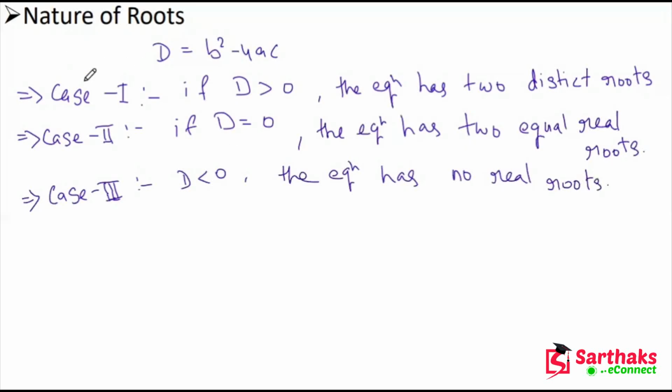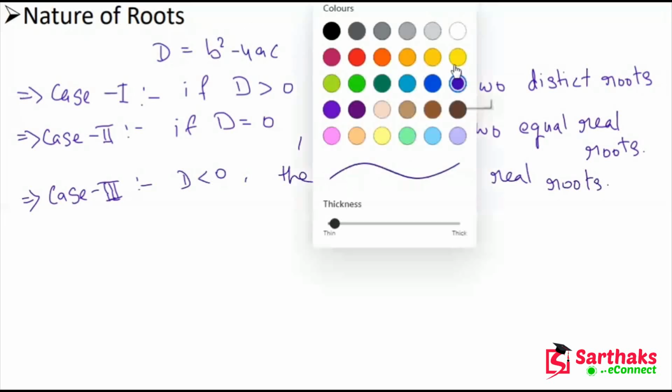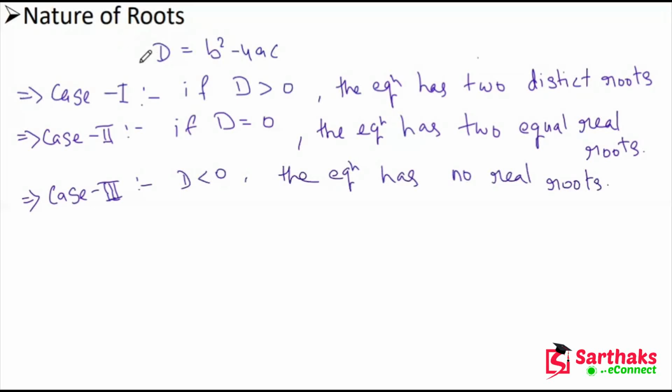So what are these three conditions? We have the discriminant d, which is equal to b square minus 4ac. All the nature of roots depends on this d. If d is greater than 0, the equation has two distinct real roots.